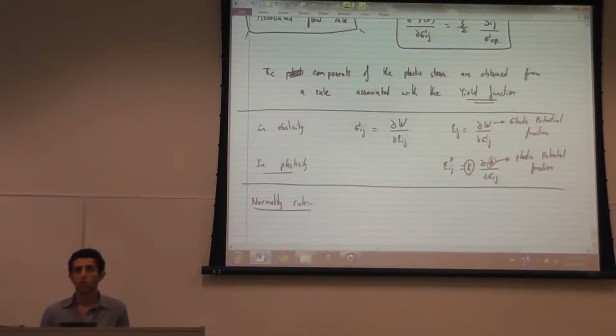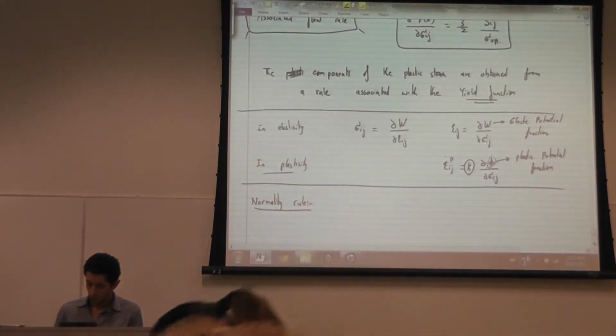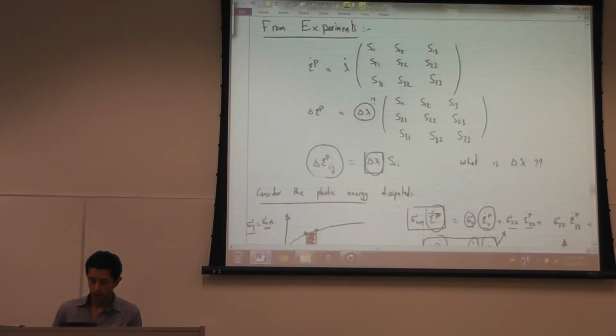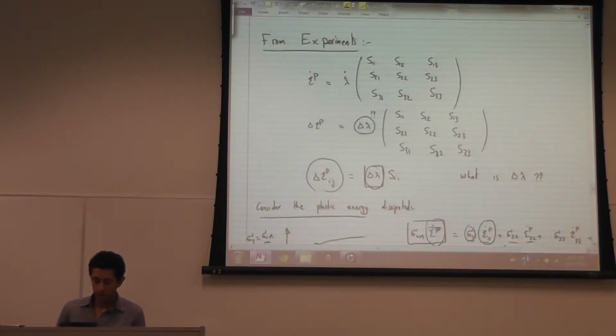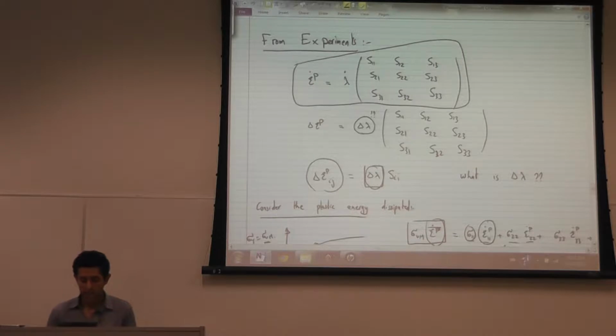So the last thing we want to talk about is the normality rule. So we started by, from experiments, this was noticed, or this was assumed and verified by the experiments, the plastic strain components are related to the deviatoric stress applied on the material.